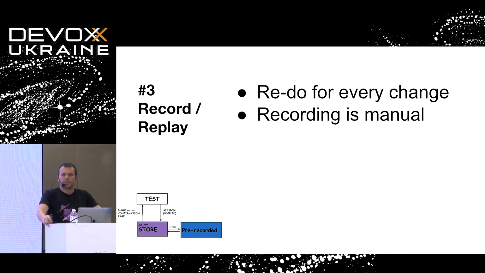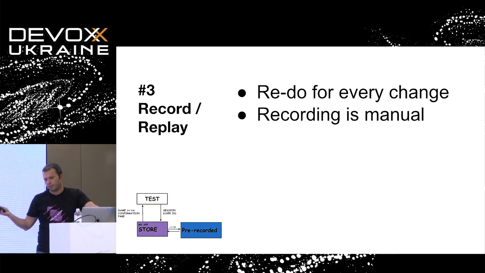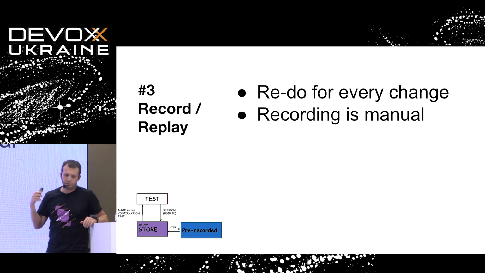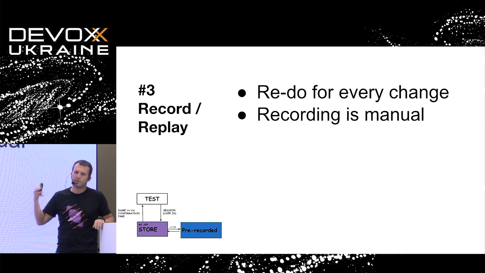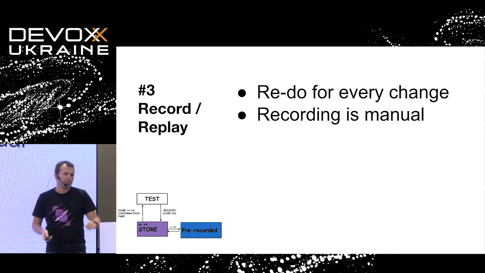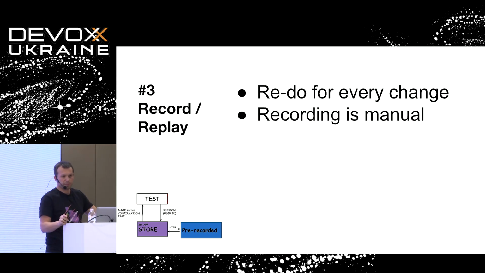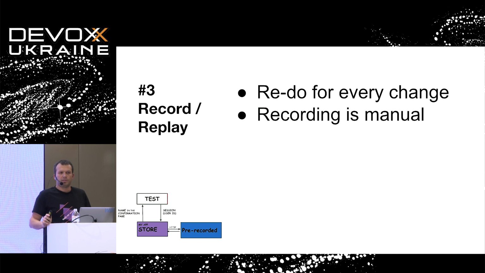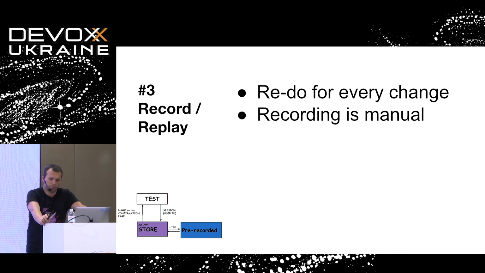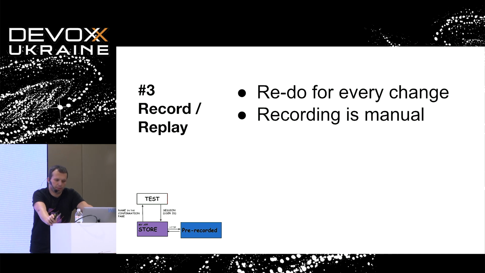Of course, if you have 5 tests or 2 tests, it's much easier to record and replay than handwrite these fakes or mocks. But if you have 200 tests, now it's really a pain to re-record all this stuff and do the changes.